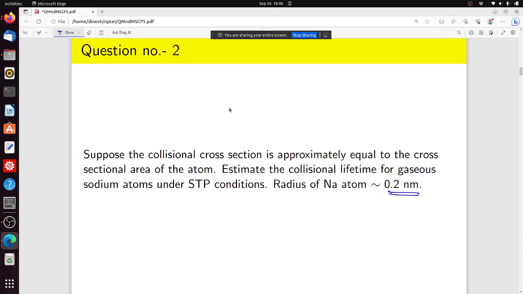Maybe I am from physics, but in chemistry there is something called collision between molecules or atoms. If there are two atoms, they can collide. Collision is also one kind of interaction.